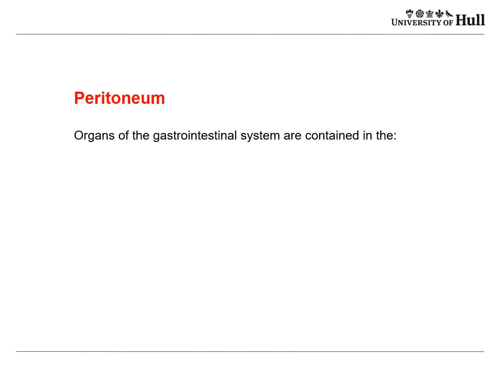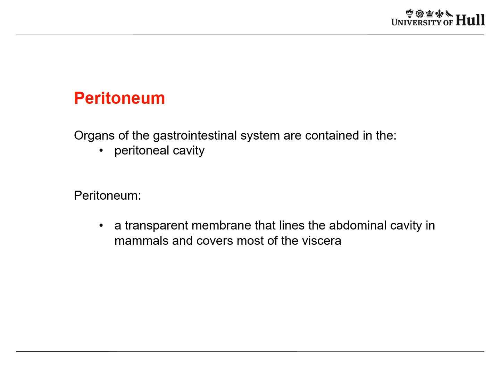The organs of the gastrointestinal system are all contained in the peritoneum. In fact, they're contained in the peritoneal cavity. The peritoneum has a transparent membrane that lines the abdominal cavity in mammals and covers most of the viscera.